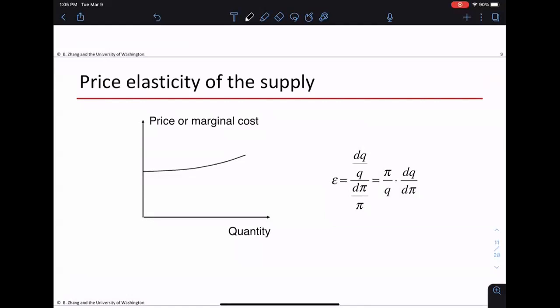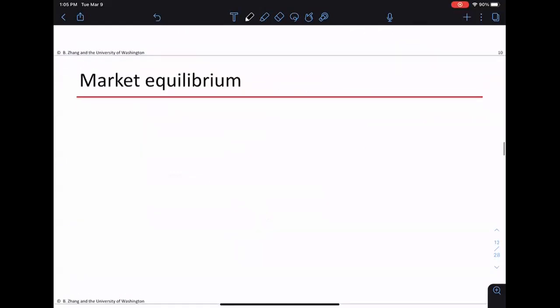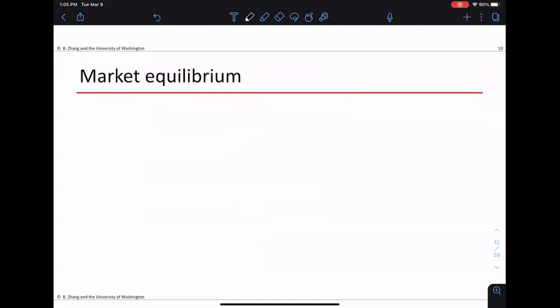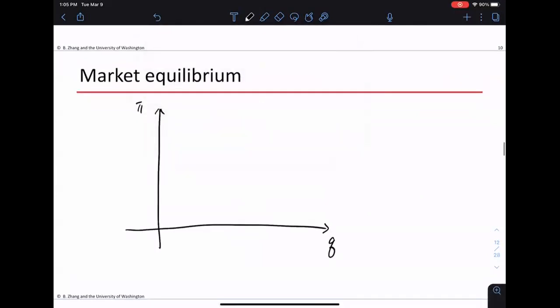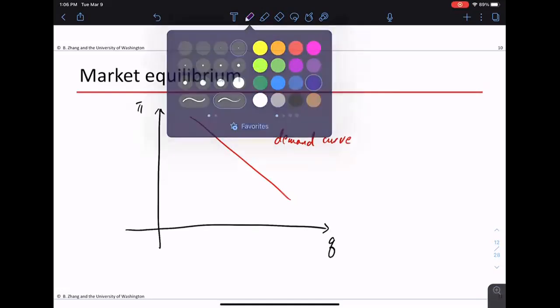To get the market equilibrium, it's really simple. We draw the quantity versus price curve. Let's say you have a demand curve, and let's say you have a supply curve.